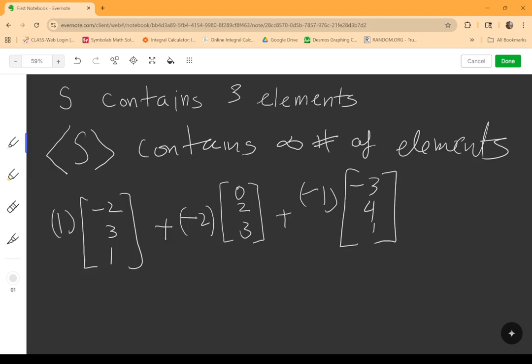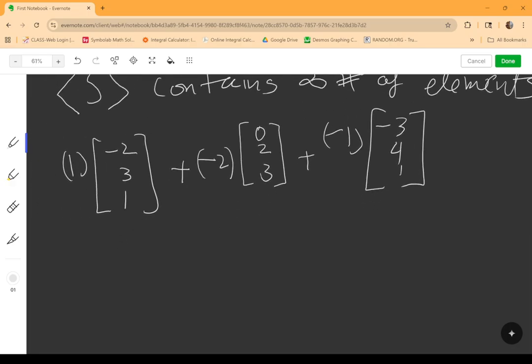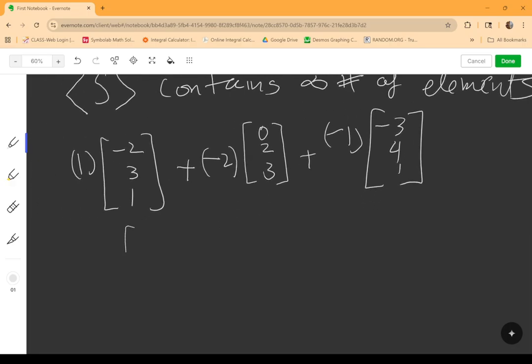Using our vector operations, I can add these: negative 2 plus 0 plus 3, then 3 minus 4 minus 4, then 1 minus 6 minus 1.